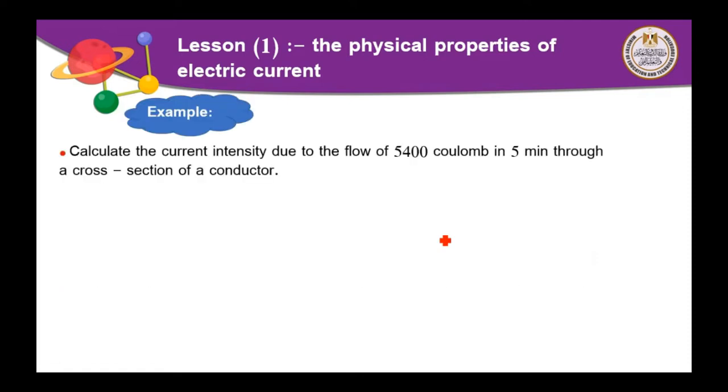Now we will solve an example on the electric current intensity. In this example, calculate the electric current intensity due to the flow of 5,400 coulomb in 5 minutes through cross-section of conductor.